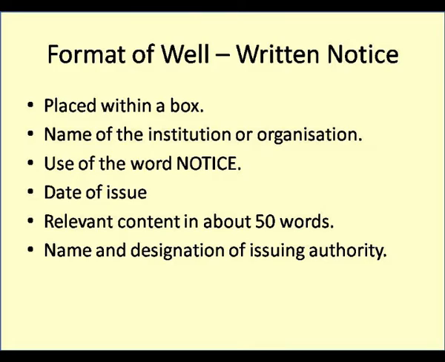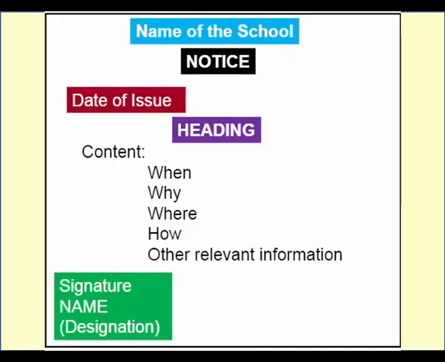You can see the format: name of the school or organization, the word notice, date of issue, heading for the notice. The content contains when the event is going to happen, why, what is the purpose, where, how, and other relevant information. Then the signature with the name and designation. Signature is not compulsory, name and designation is okay. This is the simple format of a notice.